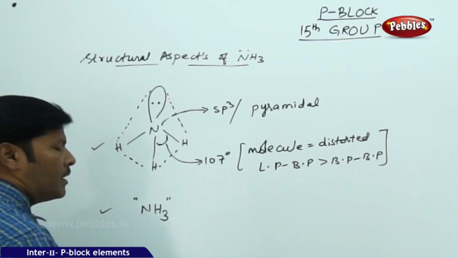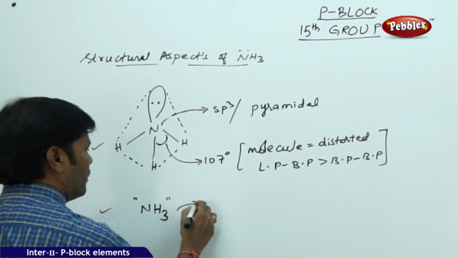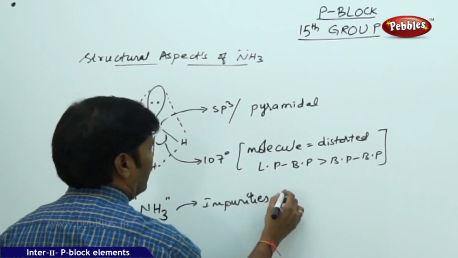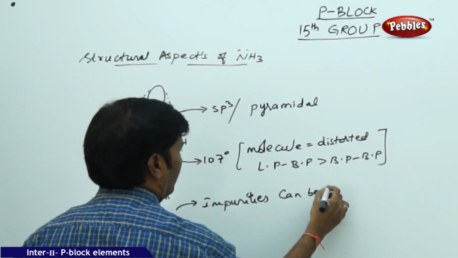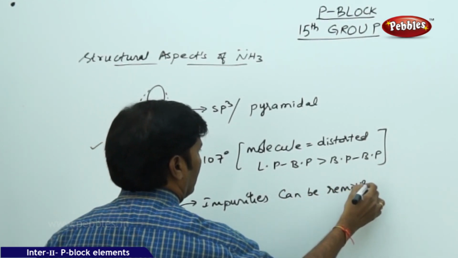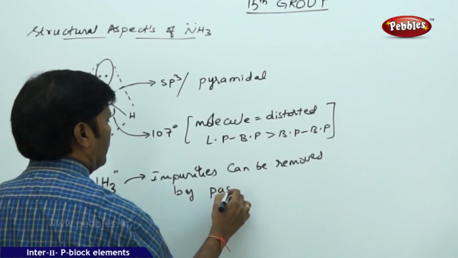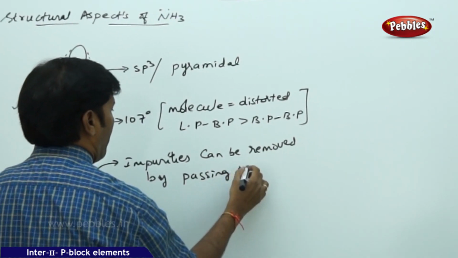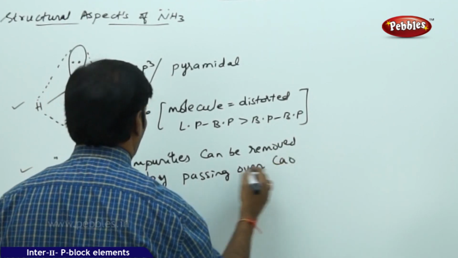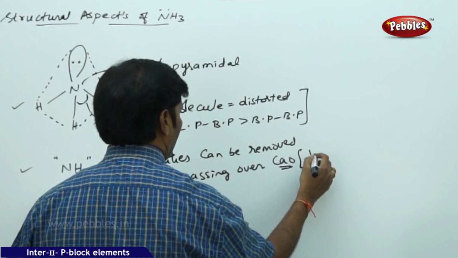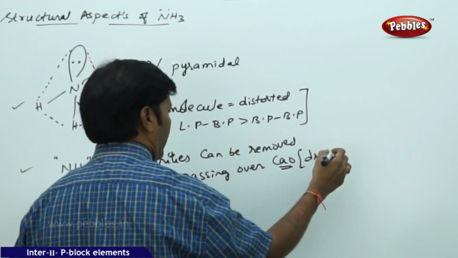The impurities present in the ammonia can be removed by passing it over quicklime. In other words, ammonia can be dried over quicklime. It can be dried and separated, dried and filtered.